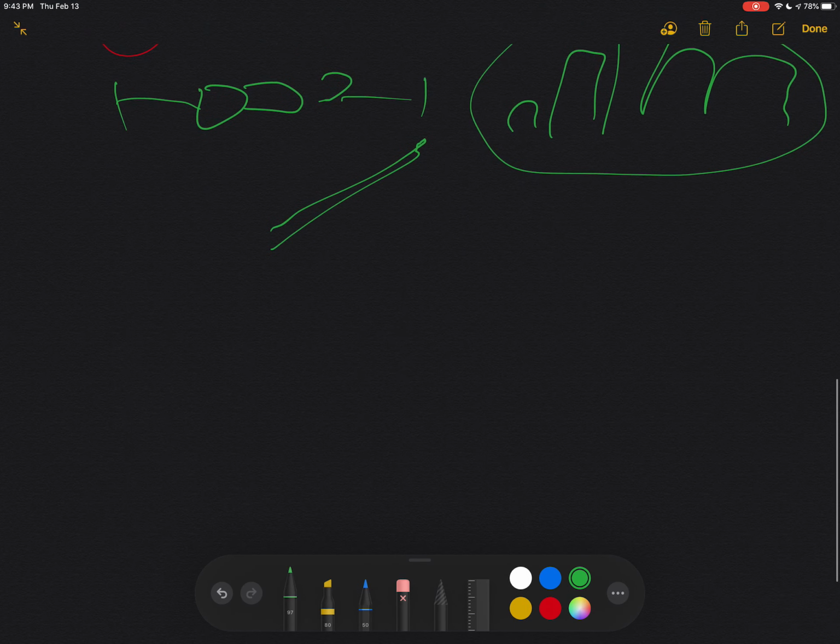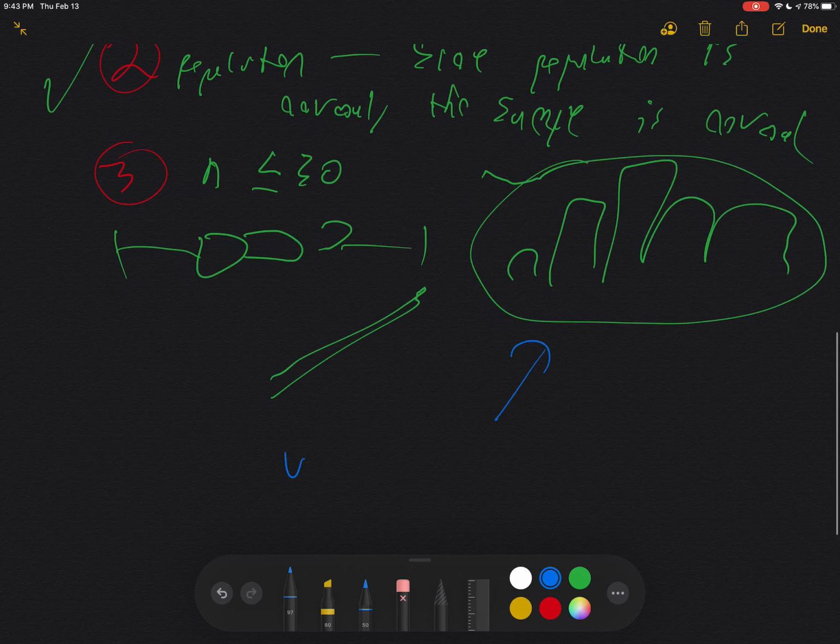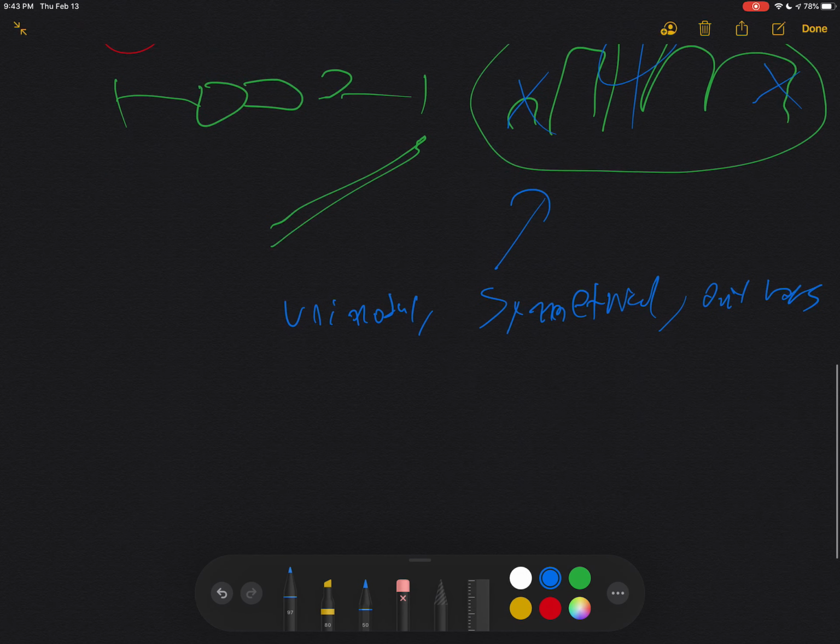For histograms, you want to note that it's unimodal, that it's symmetrical, and that there are no outliers. Once you note that, you can say the shape is approximately, or close enough to, normal, and then you would satisfy that condition.